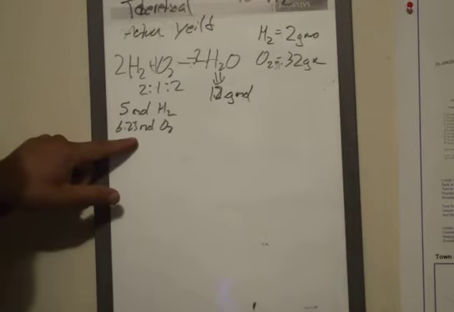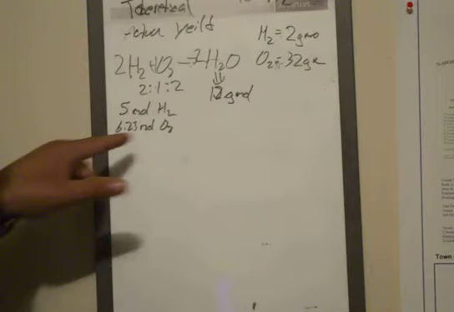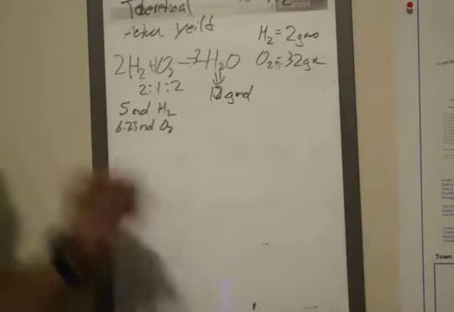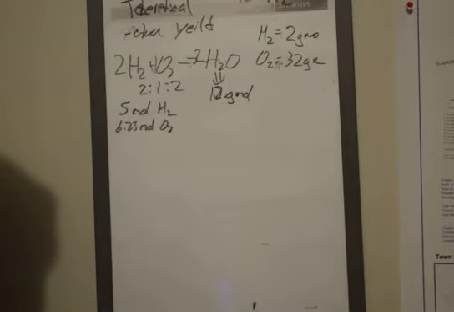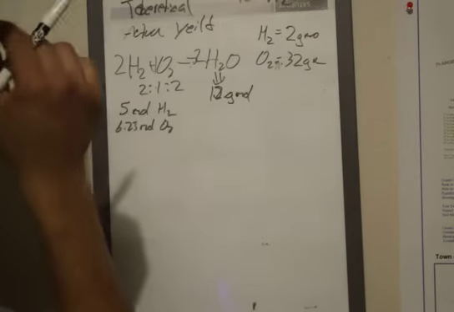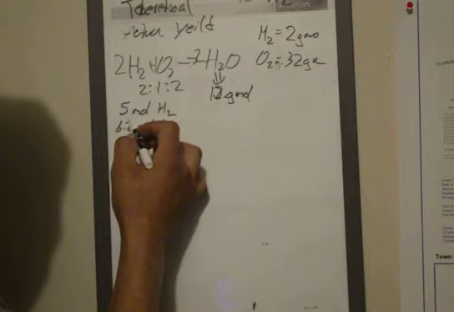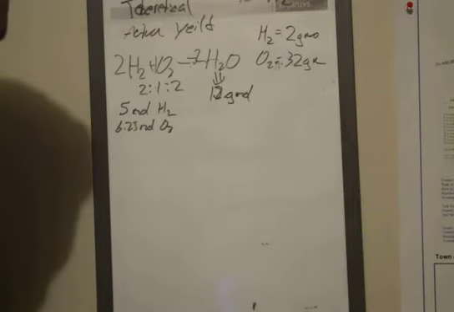If we've got 6.25 moles of O2 and 5 moles of H2, that means H2 is our limiting reactant. So we're actually going to get 5 moles of H2O.